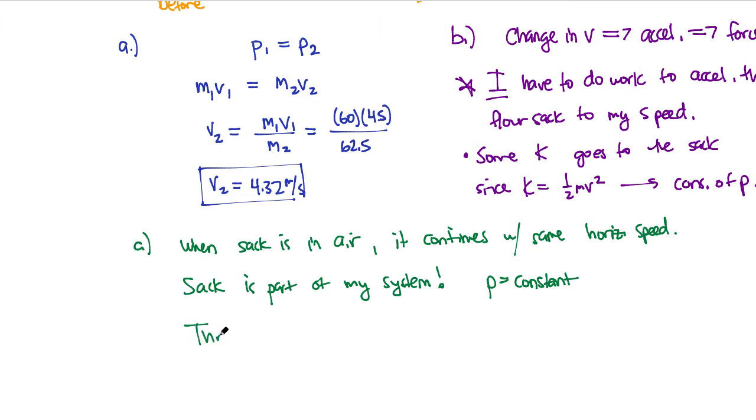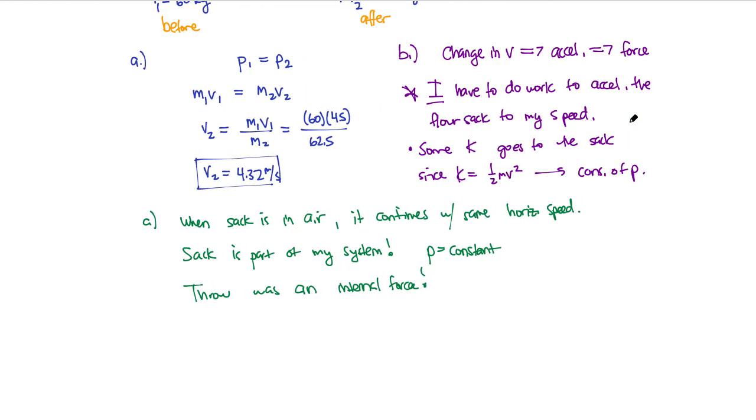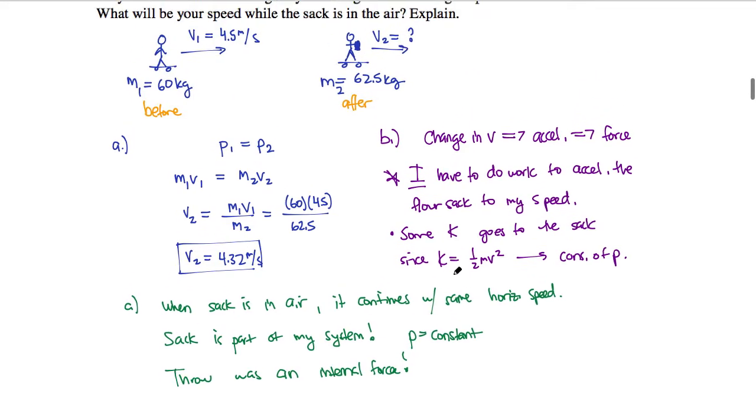So my throw was an internal force now. Compared to before, where my force was technically external, right? There's something that came from outside of my system that I knew of that caused there to be a change in speed. So, this is kind of a weird situation, but it's worth thinking through.